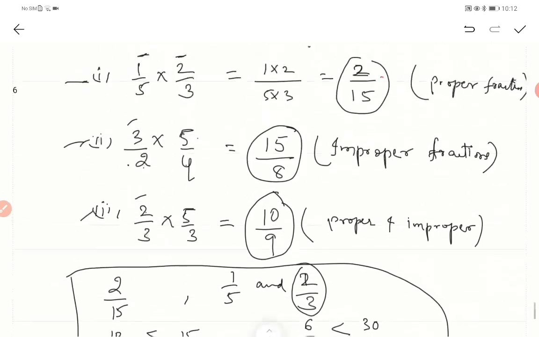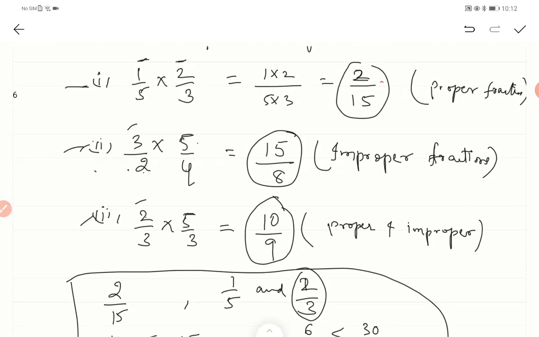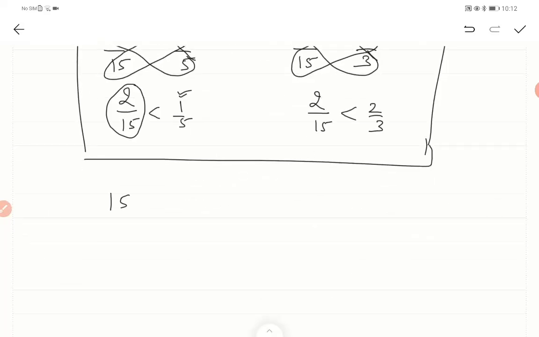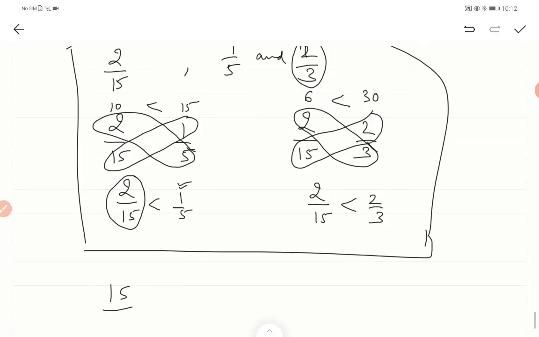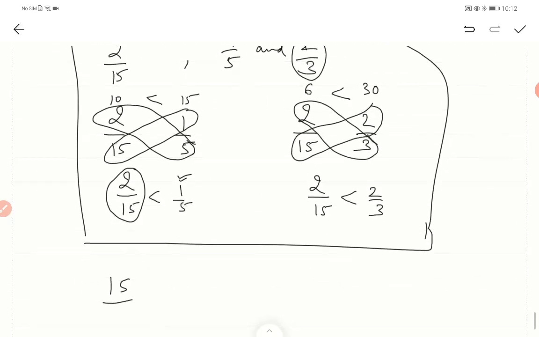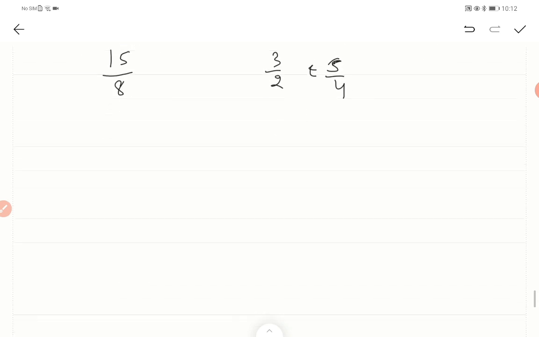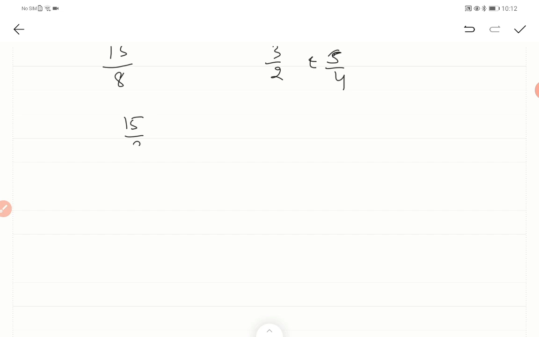Now let's go for the second thing. We have 3 by 2 and 5 by 4 given. The product we have got is how much? 15 by 8. So let's compare the 15 by 8 product with the individual fractions given.